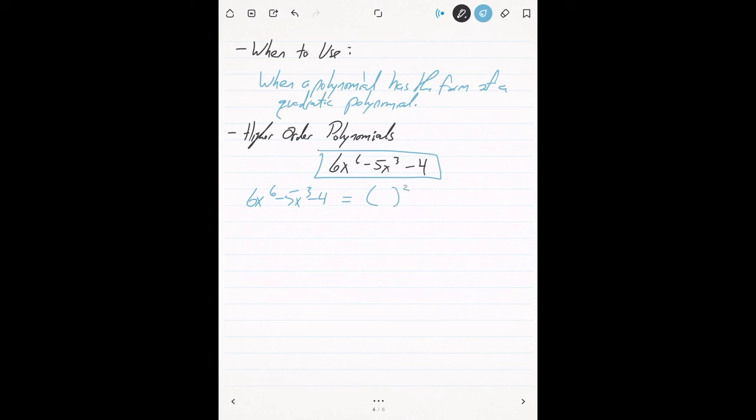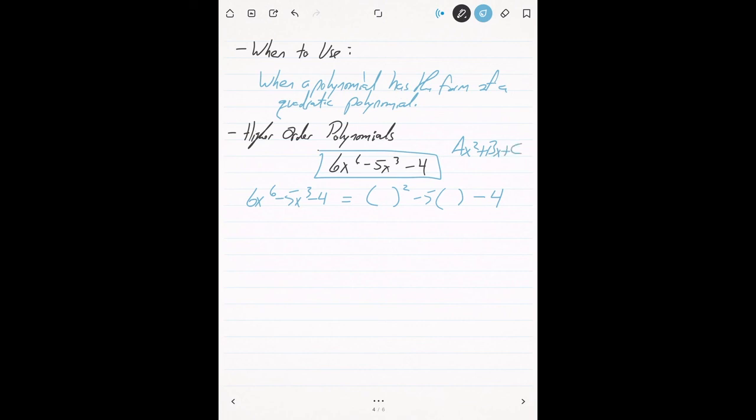Could I represent 6x to the 6th as a value squared? And could I then represent 5x cubed as a value by itself and then subtract the number 4? The idea here is, can I make this fit the form ax squared plus bx plus c?